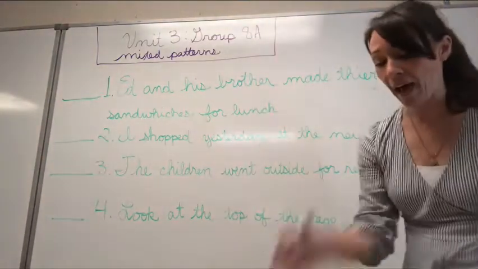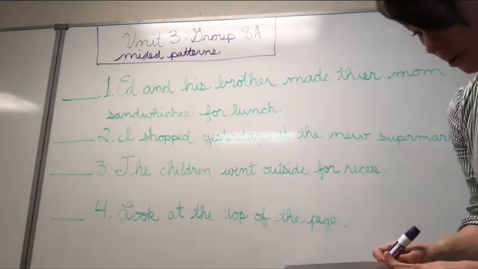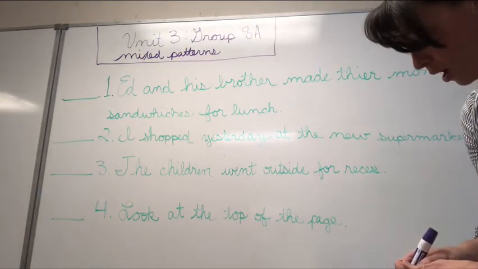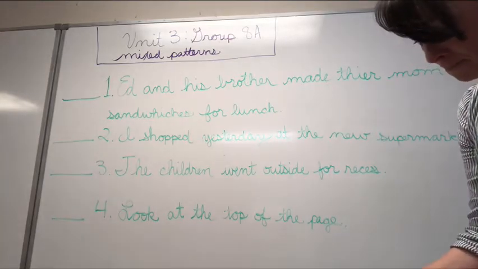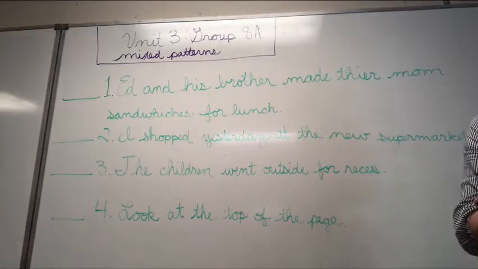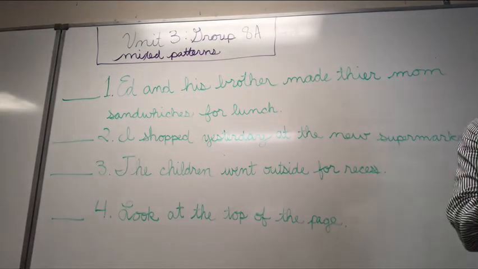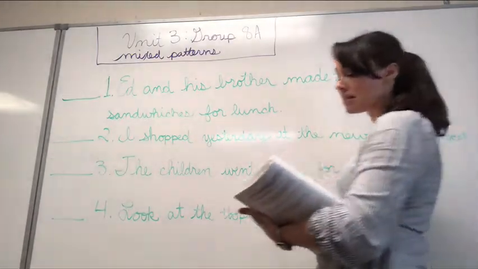So let's look at our first sentence about Ed and his brother. Open up your Shurley book to page 35. Ed and his brother made their mom sandwiches for lunch. Who made their mom sandwiches for lunch? Remember, when we have two subjects, we call it a conjunction subject noun.